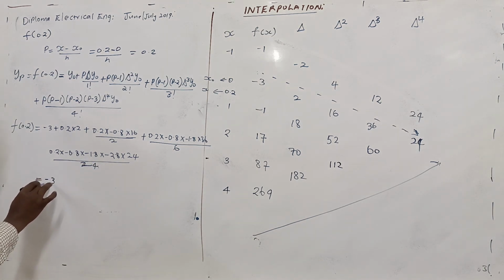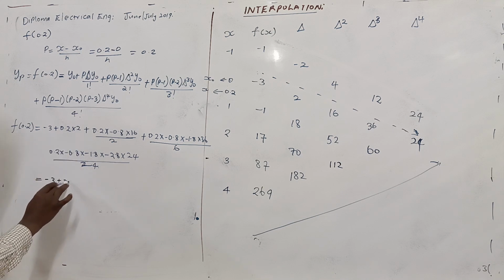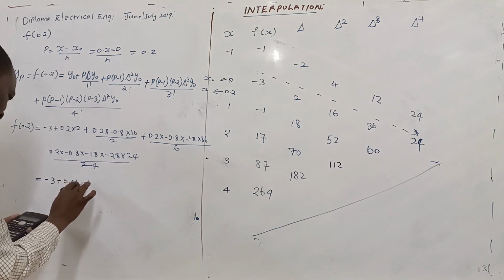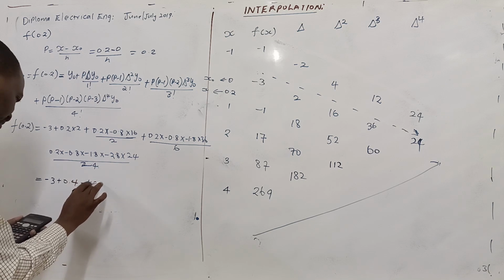This is negative 3 plus 0.4. Here you have 0.2 times negative 0.8 times 16 divided by 2, which is negative 1.28.